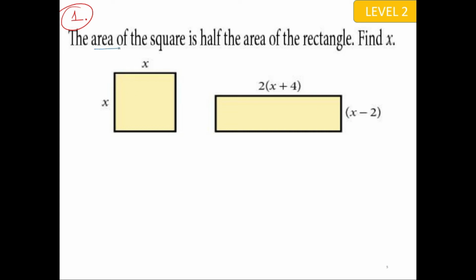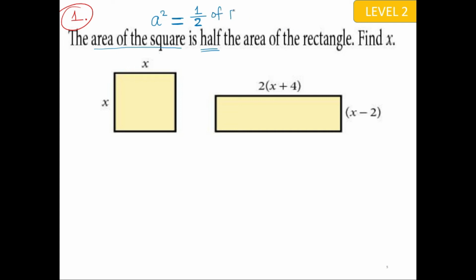Now the area of a square, so you know the area of a square is a squared, which is the formula. It is going to be transferred as is equal to, and mathematically you can put the equal sign, and it's half, so mathematically half is 1/2. The area of the rectangle, so it's half of the area of the rectangle.